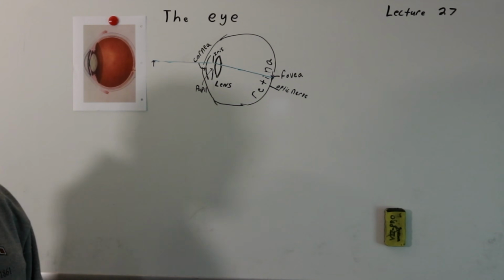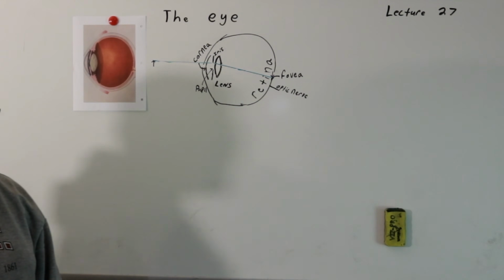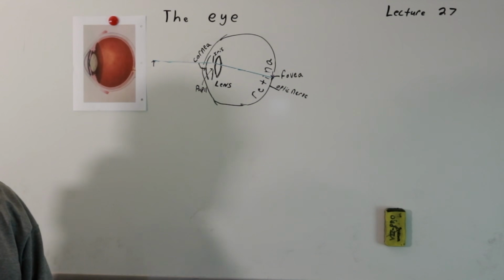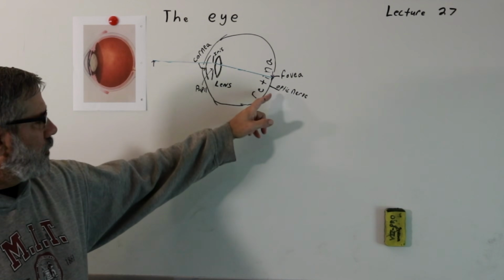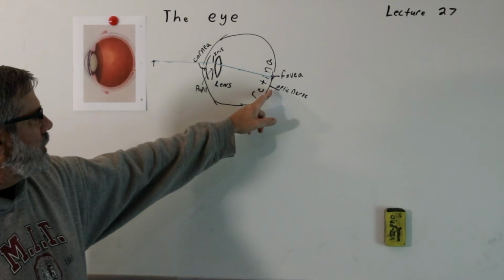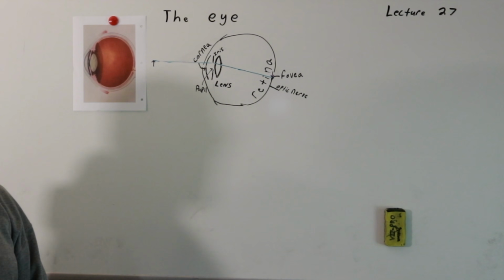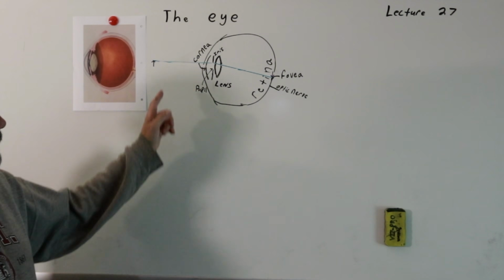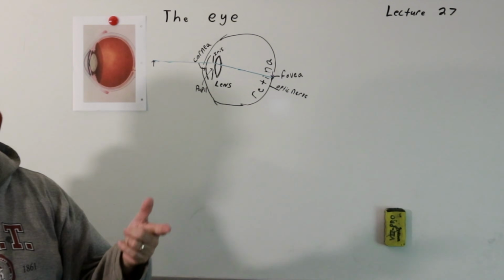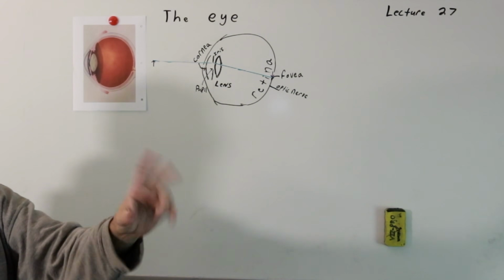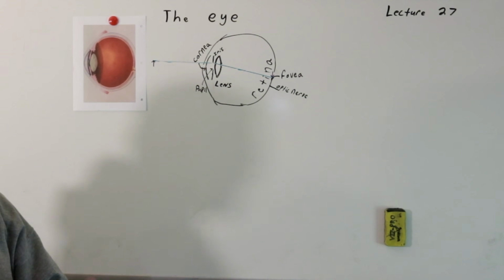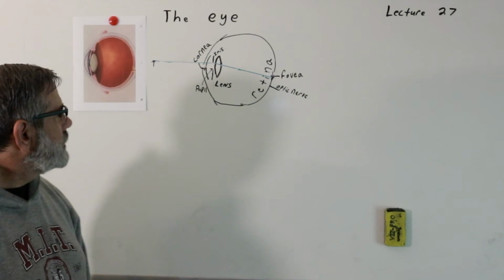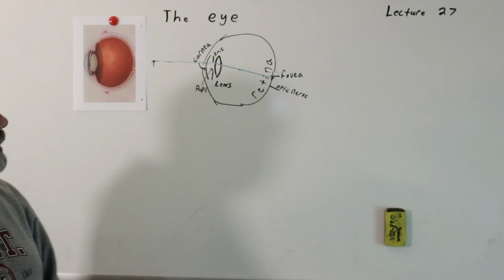There, light is detected by rods and cone cells, which convert the light into electrical signals that are transmitted along the optic nerve to the brain. One thing to note: the image on the retina is upside down, so we're actually perceiving everything upside down, but our brain knows how to correct for this, and so we perceive everything as right side up. That's taken care of computationally.